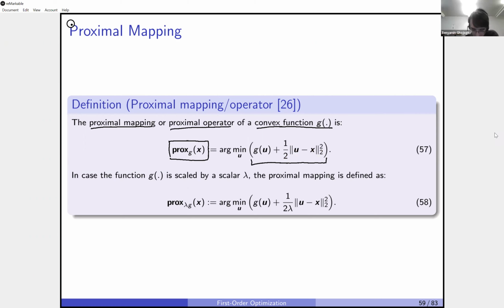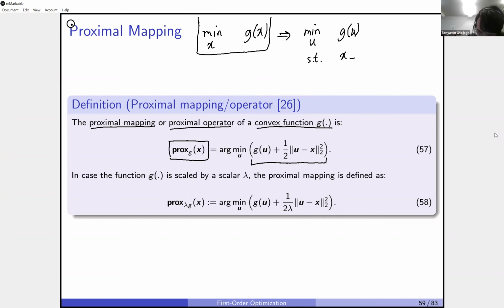And what does it mean? Assume we want to minimize a function g(x) with respect to x. When we have this, we are having a change of variable. We are saying that minimize g of u with respect to u, but we add the constraint that x should be equal to u.